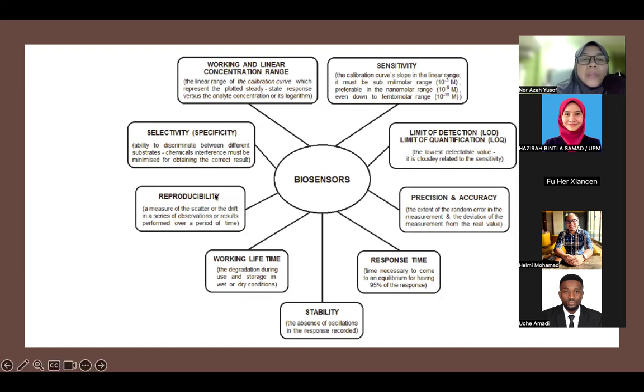And reproducibility. Okay, what does it mean by reproducibility? Sometimes the sensors are on a disposable basis. What does it mean? If you use it one time, just like your strips, sometimes the electrode also, it is good for only one measurement, and then we have to dispose.